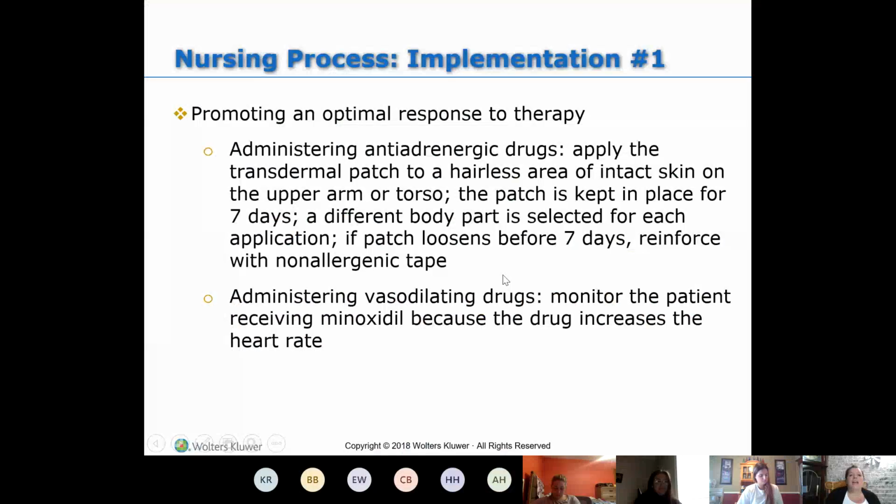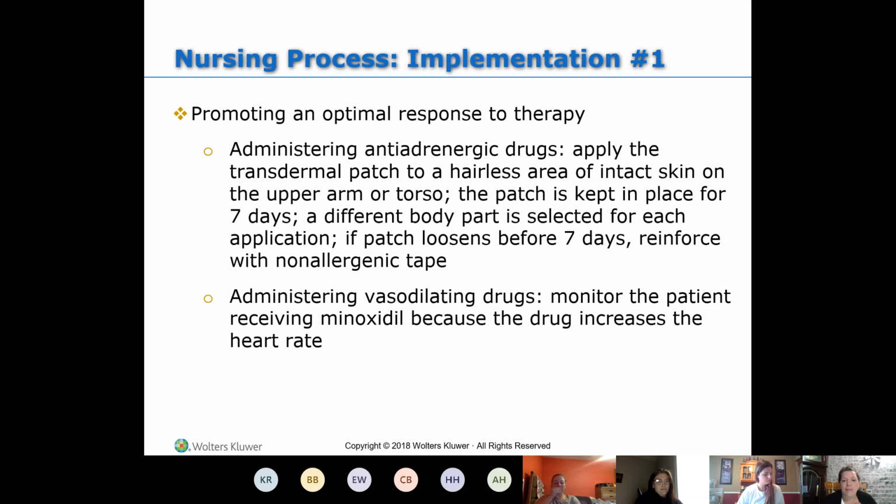All right. So nursing process implementation, administering anti-adrenergic drugs. Some of these drugs are going to be administered in patches, transdermally. For these specific medications, we want a hairless area of skin on the upper arm or torso.